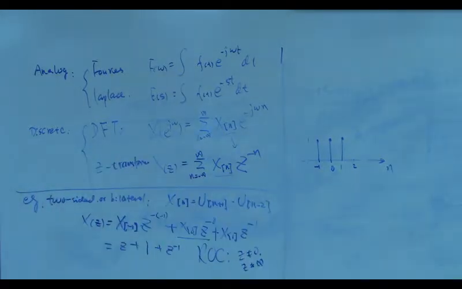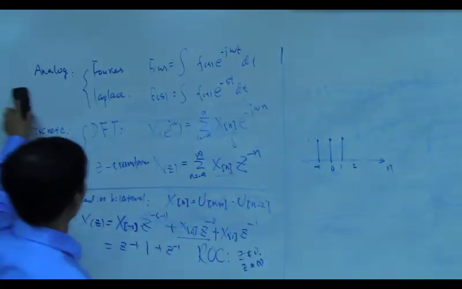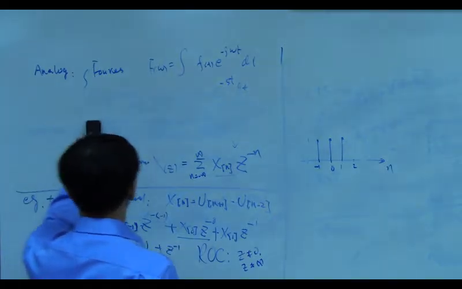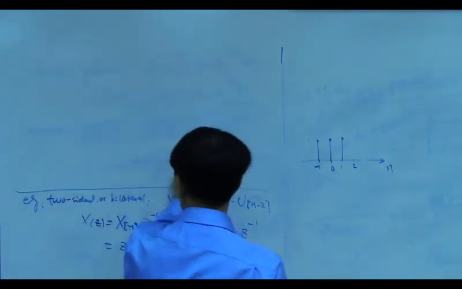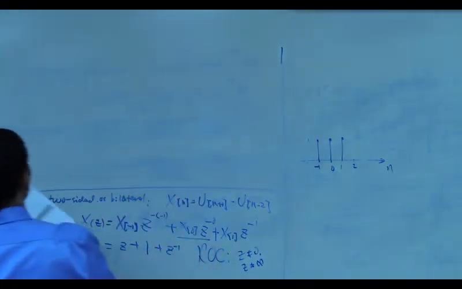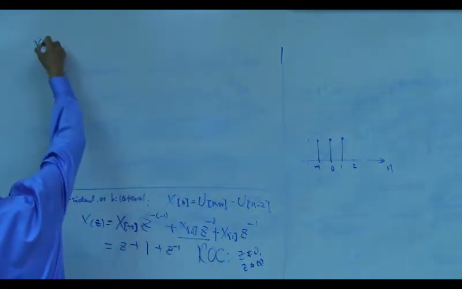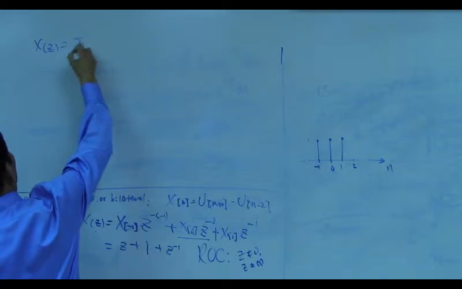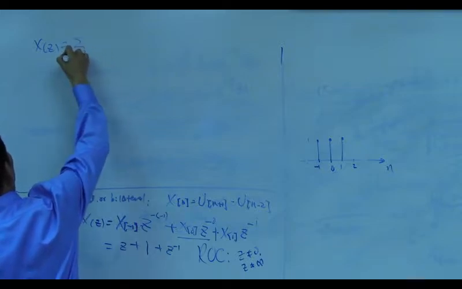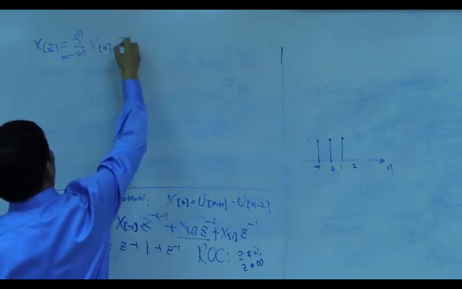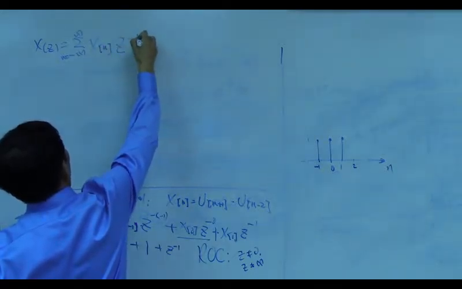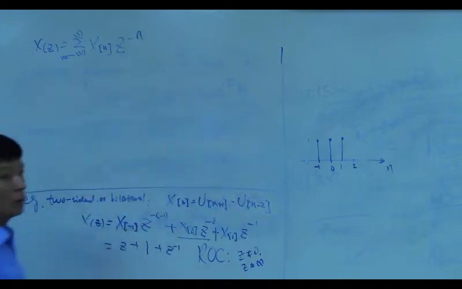Let me erase all this on top, and I will copy this formula for you on the top. X(z) equals the sum from negative infinity to positive infinity of x(n) z to the negative n.